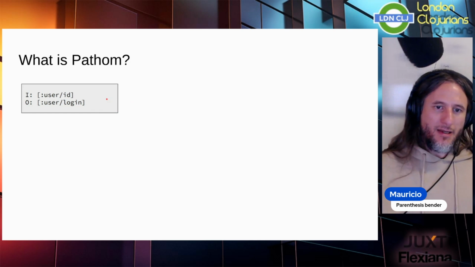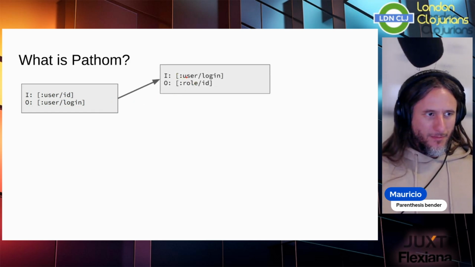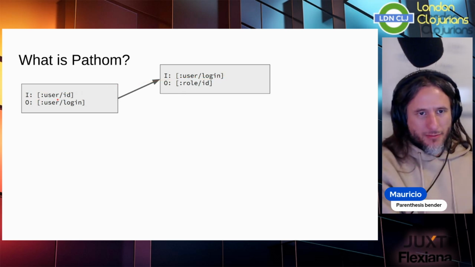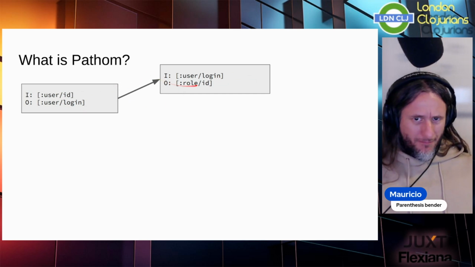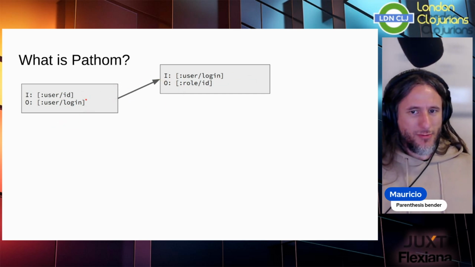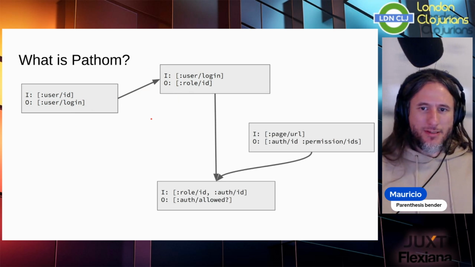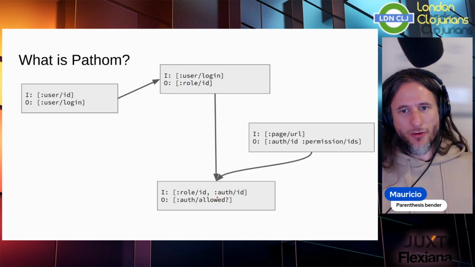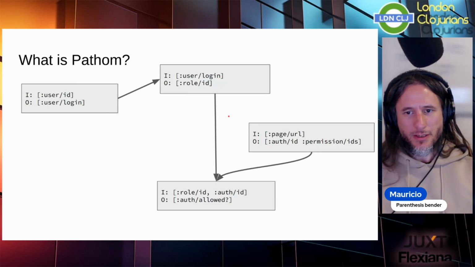I say I have an input on this resolver. And if this input is the same as another resolver's output, then Pathom will do the graph for me. So here I have a different resolver that depends on the first one. Here I have a resolver that depends on two different inputs. And if those inputs are returned from two different resolvers, Pathom will do the queries in the right order.